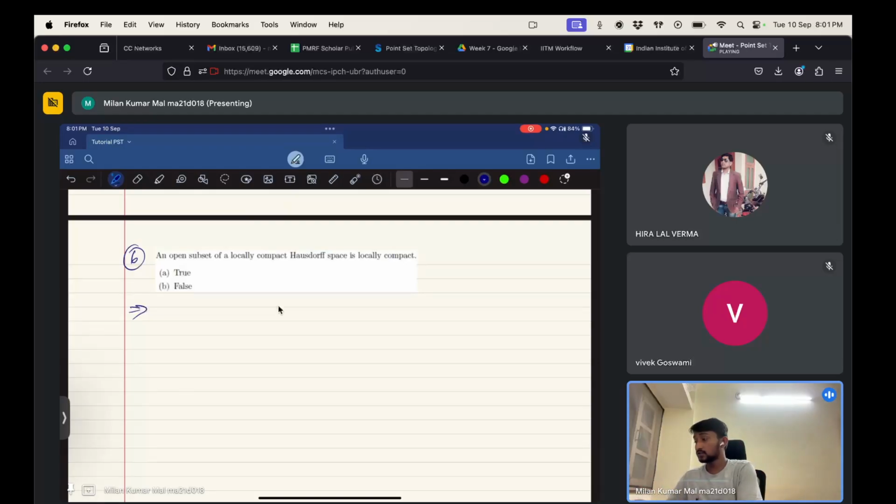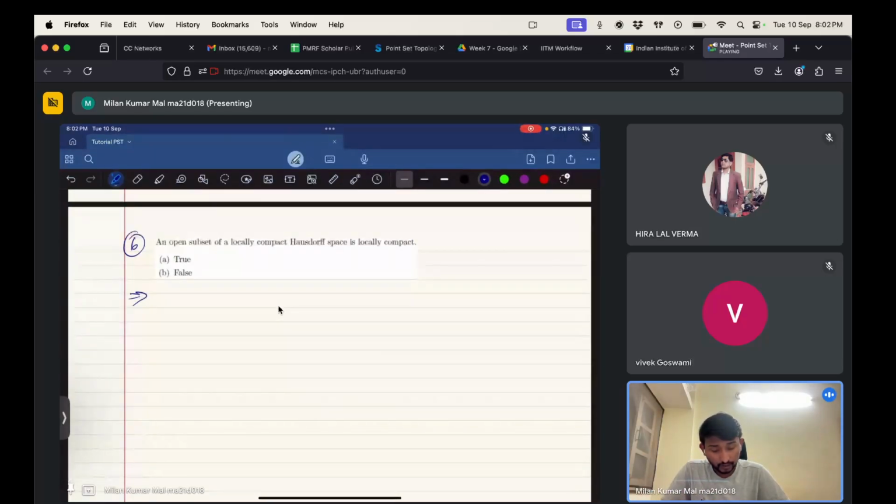Openness is the key fact; openness will be used somewhere. Okay, so how is the space locally compact?